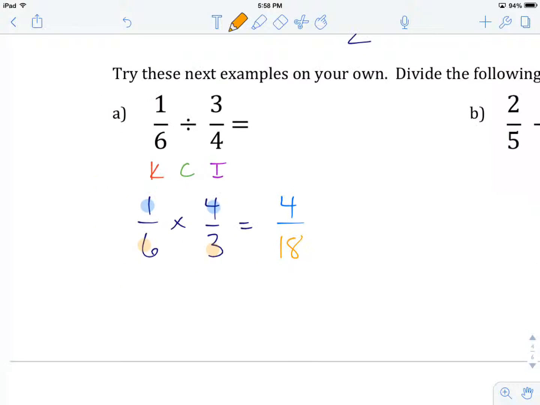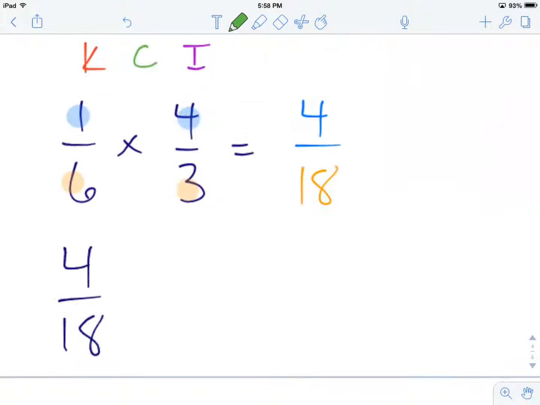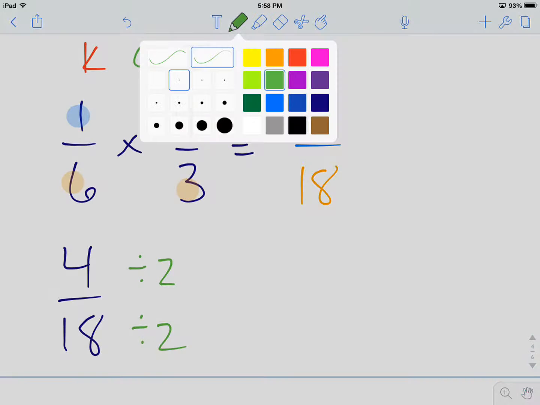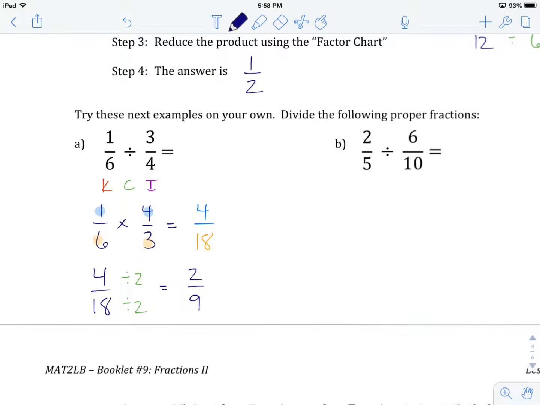So let's rewrite that. That's our answer so far. 4/18. Let's head over to the factor chart and see if there's anything common to both 4 and 18. When we do that, we'll realize that 2 is common to both 4 and 18. So we'll divide both numerator and denominator by 2. That will give us 2/9 as the answer for example A.